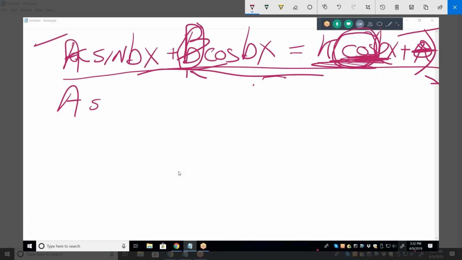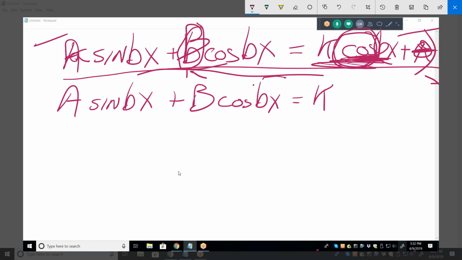And tell me if I'm writing it properly. So is that an identity? It should be bx minus theta.